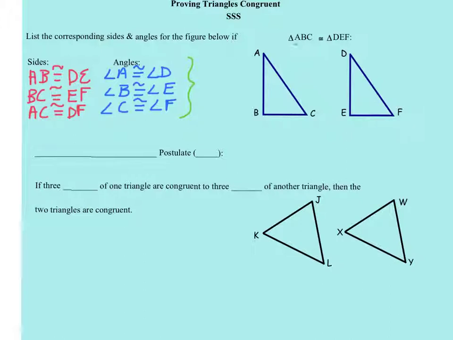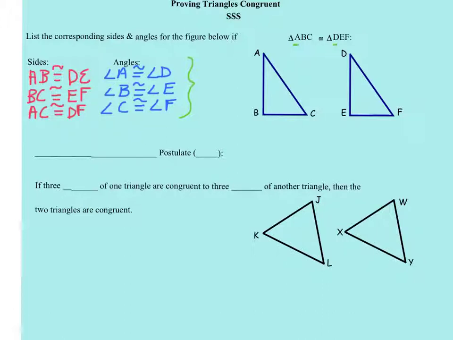I just used my congruence statement to see which ones corresponded, and if I were going to write a proof, this would be a lot of things I would need to show, and it would make for a very long and tedious proof. So we're fortunate that we have several shortcuts. We can reduce the amount of work that's required in order to declare two triangles congruent.